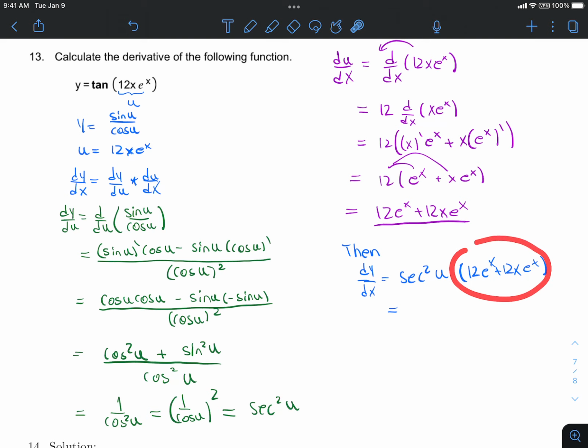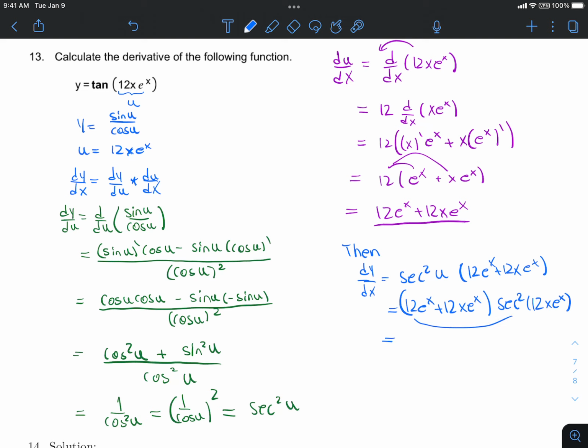So I'm going to write all of this in front. And that will then be 12 e to the x plus 12x e to the x times the secant squared. And instead of writing u now, I'm going to go back to the x variable, because remember, u was this, right? 12x e to the x.